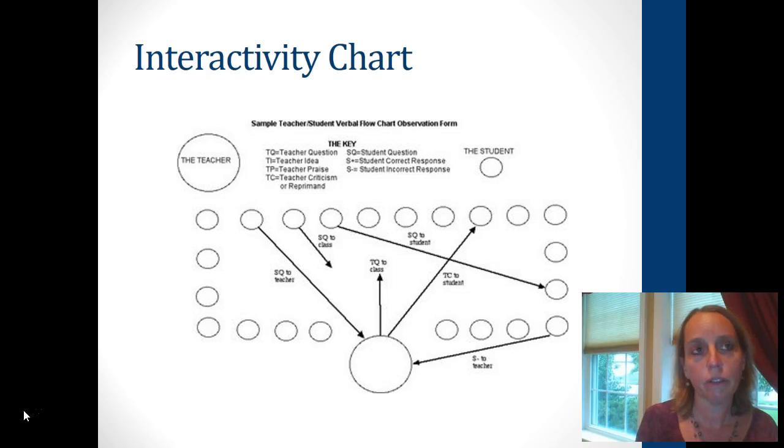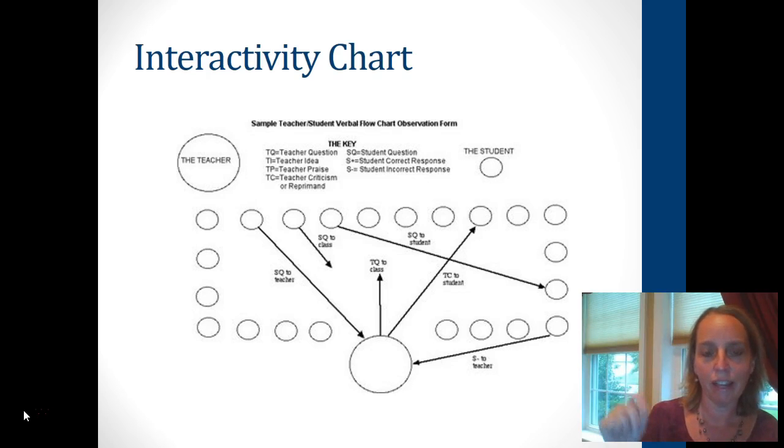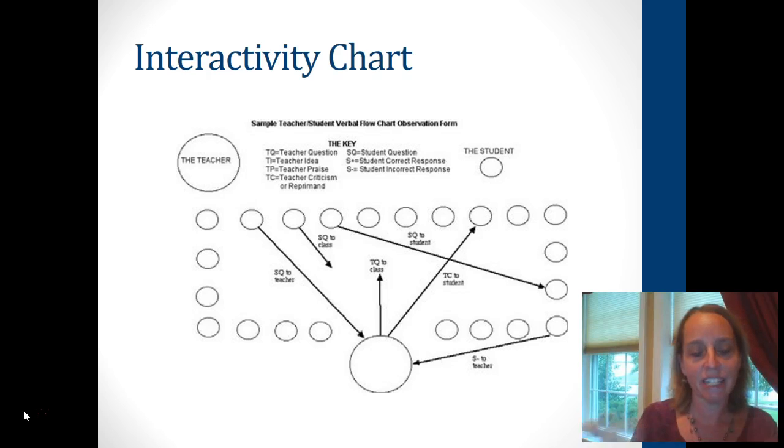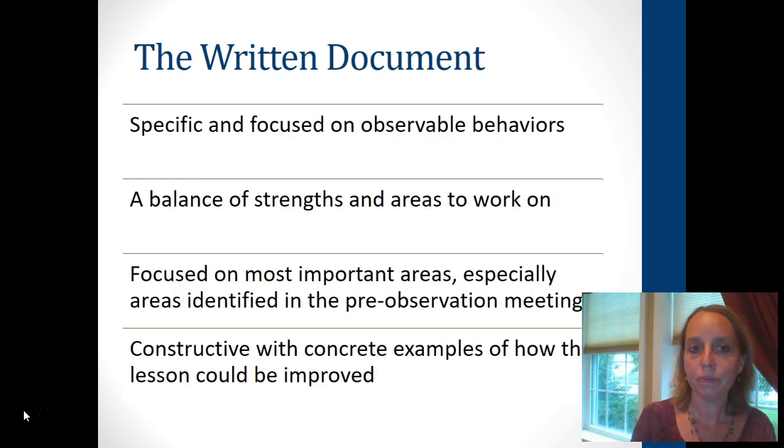Another way to do it, for folks who find this hard to map at the moment, is to just put little tick marks next to each student if they talked, so you can get a sense of who in the class is talking and how much, and who is not talking as well.